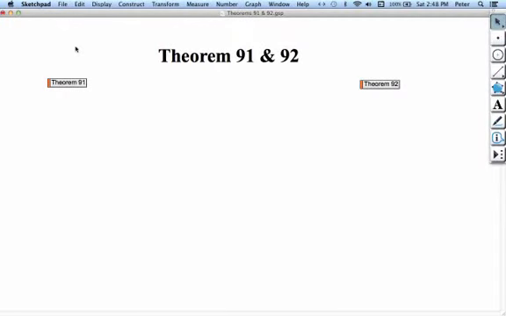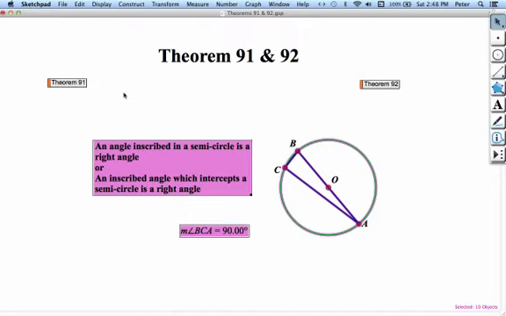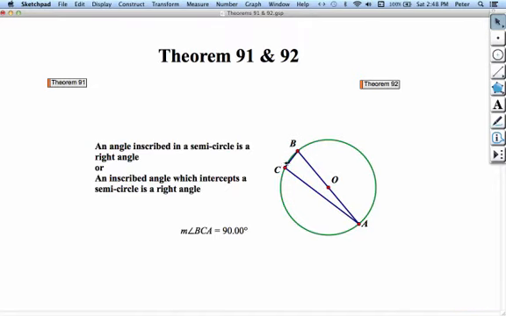Okay, Theorem 91 and 92 are really helpful also. Theorem 91 describes an inscribed angle in a semicircle. So angle C here is inscribed in semicircle BCA, and its measure is 90 degrees, or a right angle.